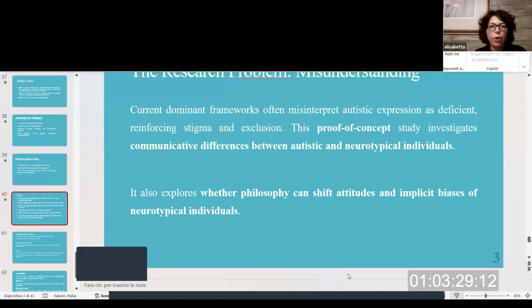I don't think that we can find a solution. And by solution, I mean that the environment can be more inclusive with autistic people because we become more empathetic. I think we need to use logic. We need to understand that there are different ways to express the same thing.